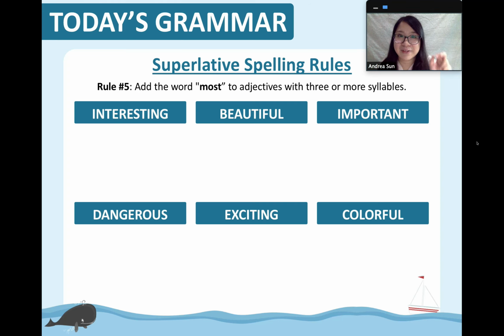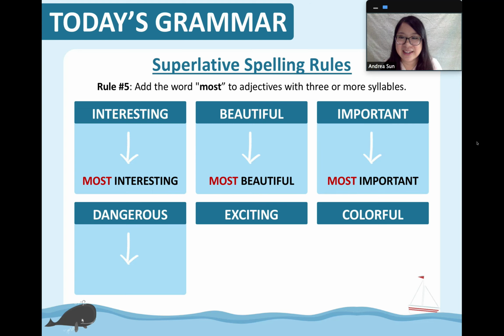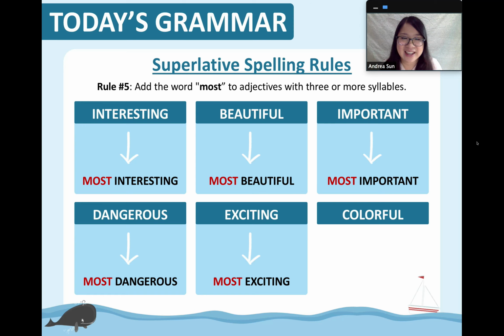They all have 3 or more syllables. So we will use the word most. Ready? Interesting, most interesting. Beautiful, most beautiful. Important, most important. Dangerous, most dangerous. Exciting, most exciting. Colorful, most colorful.